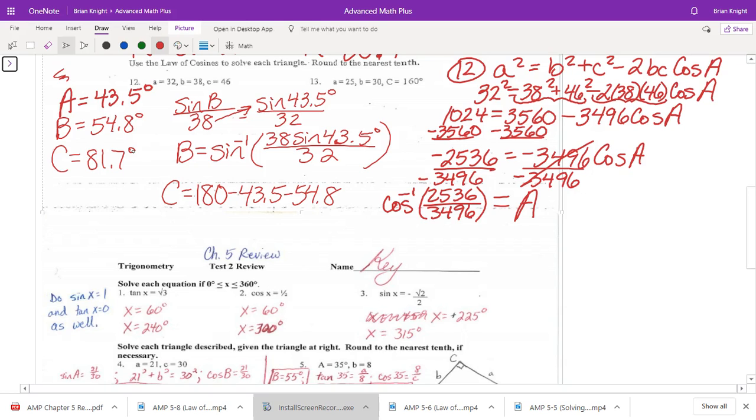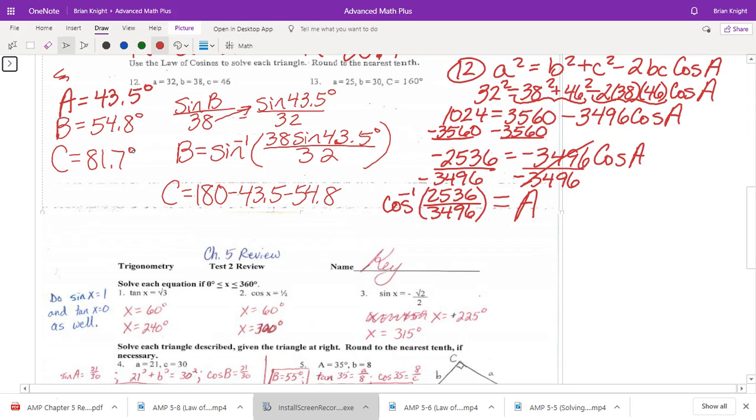If angle A is the smallest angle, what side should be the shortest side? A. Is A the shortest side? Yes. So that doesn't tell me that I'm right. It just tells me that I possibly could be right. If that wasn't true, then I would know I was wrong. Is that making sense?